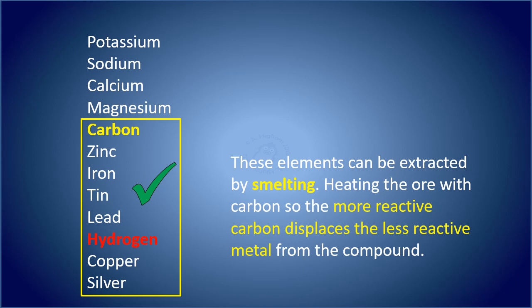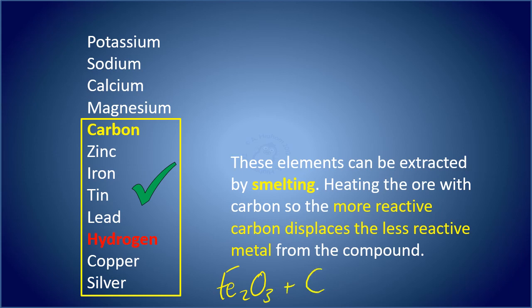Now, smelting is basically heating it up in a furnace with carbon. So you heat the ore up with carbon, and the carbon is able to displace the metal from the ore. Ores are usually oxides. A classic example is iron oxide plus carbon.